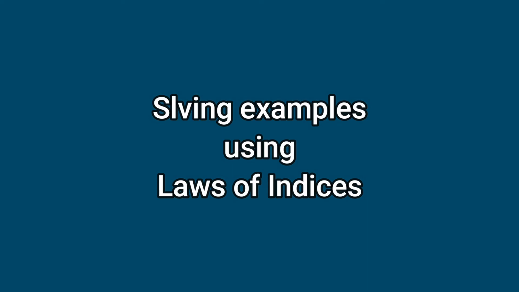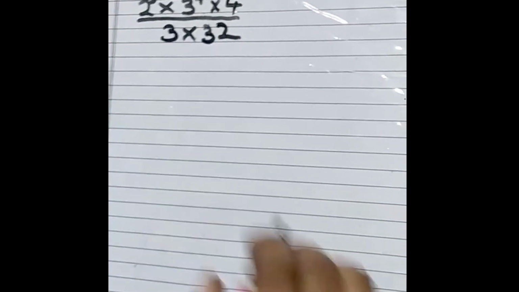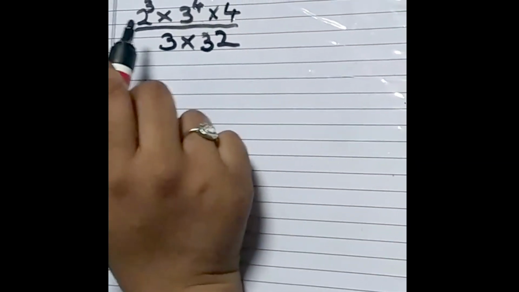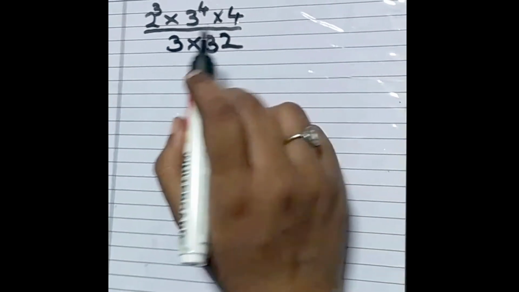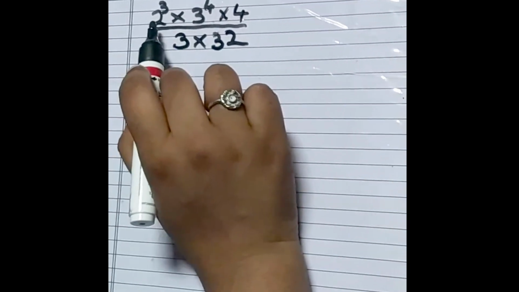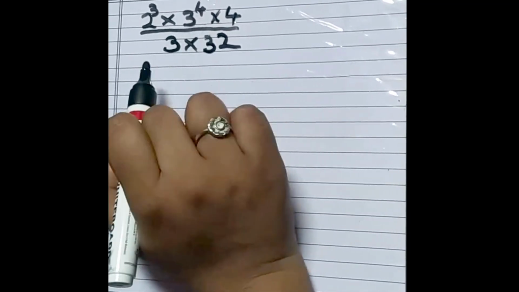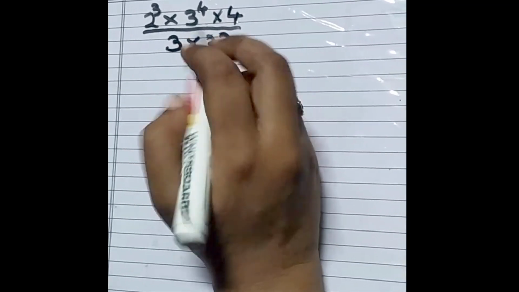Now we will solve an example using the laws of indices which we have seen just now. Now we will use the laws of indices or the rules of exponents and solve this example. 2 cube into 3 raised to 4 into 4, the whole upon 3 into 32. So how will you solve?